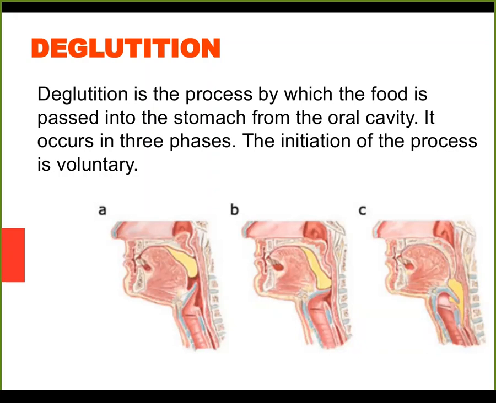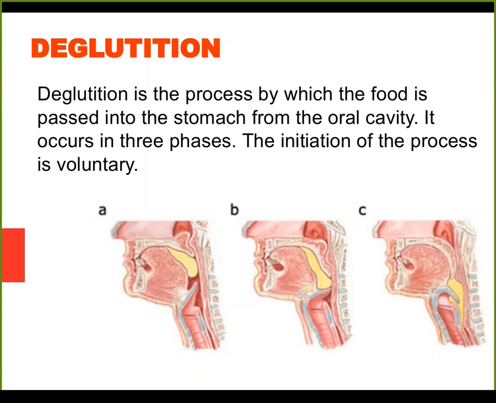When we form the bolus, we place this bolus on our tongue, and during the whole process of movement of the bolus on the tongue, we may stop swallowing or make it faster.